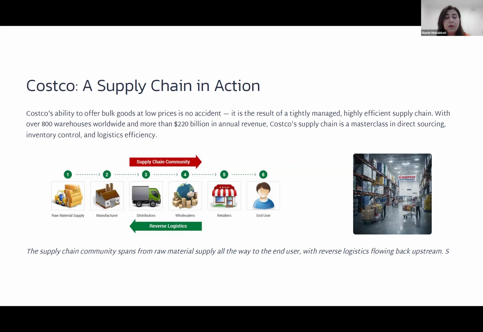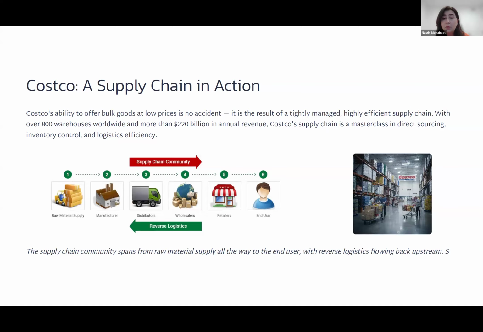What they do is work with some third parties. There are manufacturers who produce products and then distribute them. Obviously, Costco is some sort of wholesaler, but maybe a mixture with a retailer kind of option. And then we, as consumers, as end users, go to Costco and purchase things, right?